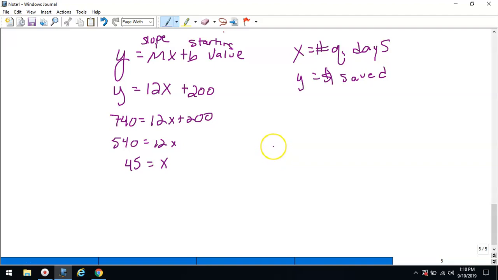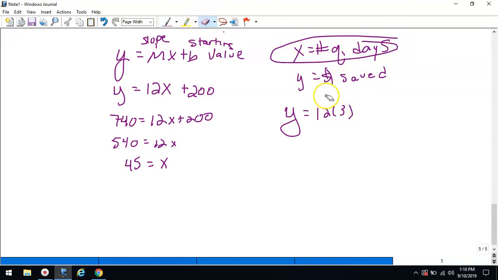Not too bad. How much will you have saved after 3 weeks? Well, this time instead of putting in y, we're just going to put 3 in for x because x is the number of days. Oops, not 3. Why not 3? Because 3 is the number of weeks. How many days is that? 21 days, right? Am I reading that correctly?